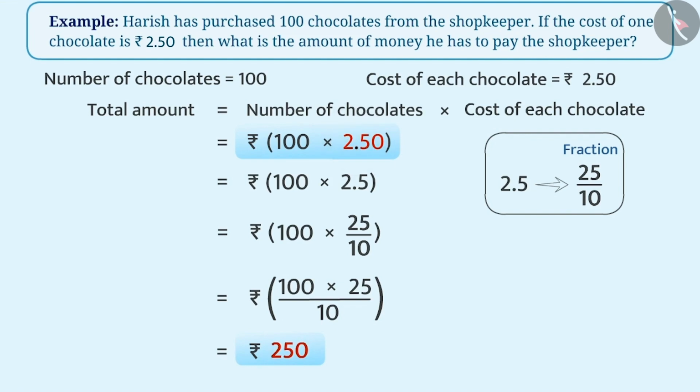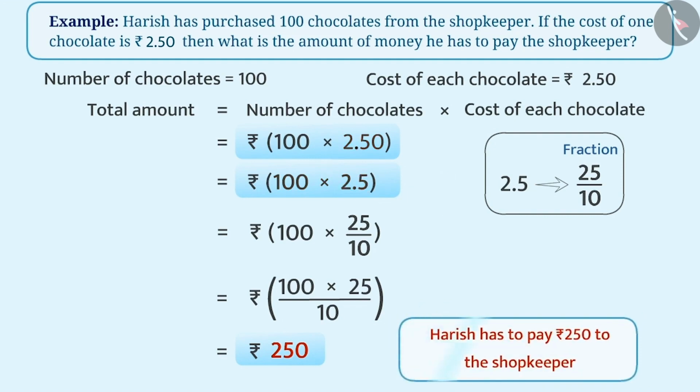But the decimal point has shifted 2 places towards the right. Thus, we can say that if any decimal number is multiplied by 100, then the decimal point is shifted 2 places to the right to obtain the answer. That means Harish has to pay rupees 250 to the shopkeeper.